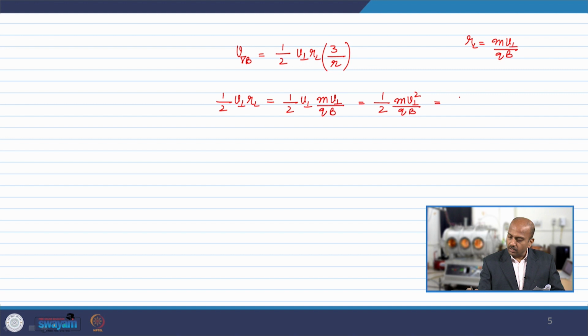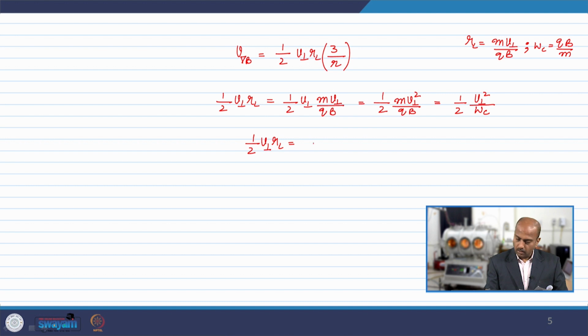So that means we can write half v perpendicular square, and omega c is qB by m. So this m by qB can be written as 1 by omega c. So half v perpendicular RL is half v perpendicular square by omega c.